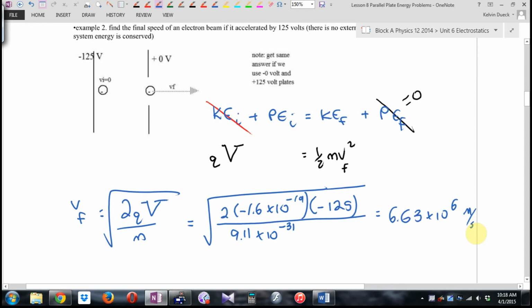It's going to be moving pretty fast. Other stuff I could do, Sam? I guess if I gave you, for example, this distance, you could find the time. You could even find the average acceleration. Actually, because it's a constant force, it wouldn't even be an average acceleration. It would be the acceleration. Whatever.